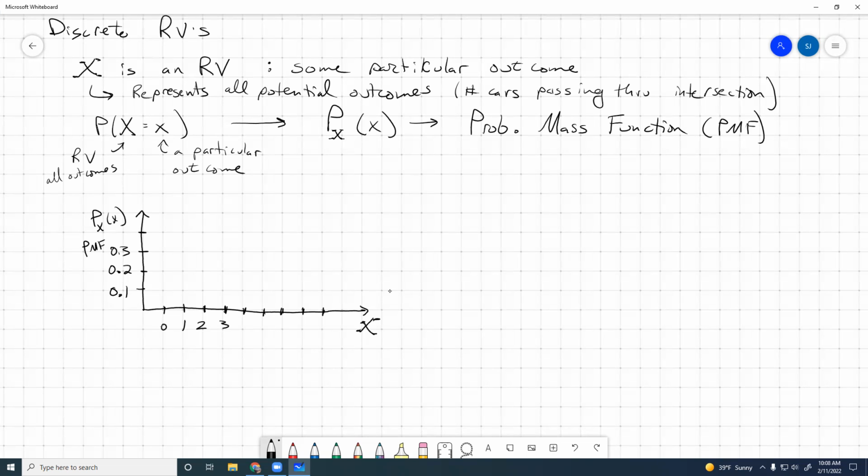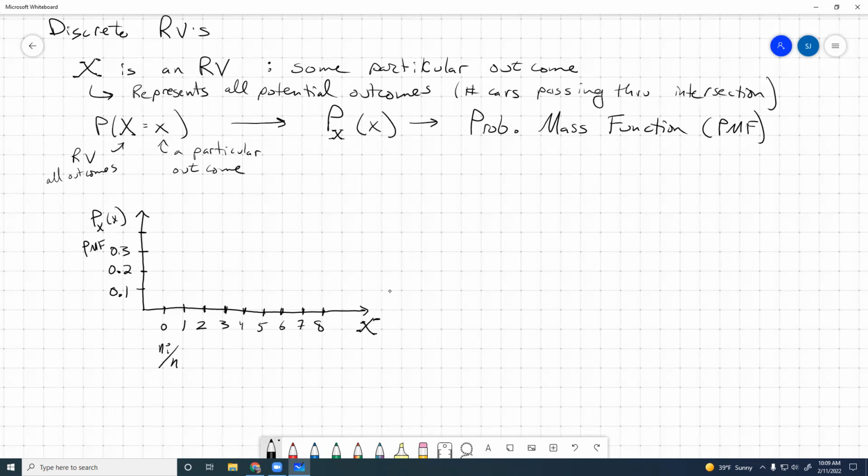And then you guys will actually do this for a homework assignment. We'll go out and collect some data. Say we sit out there for 20 minutes. How many cars pass through the intersection on a light cycle or something like that? Traffic light cycle. And then we crunch those numbers and we come up with a relative frequency. So this is just Ni over N, right? The number of observations with a particular value of X over the total number of observations.